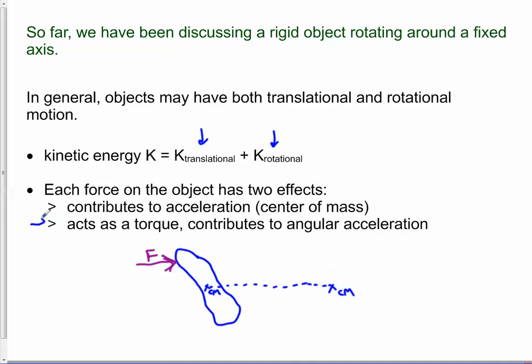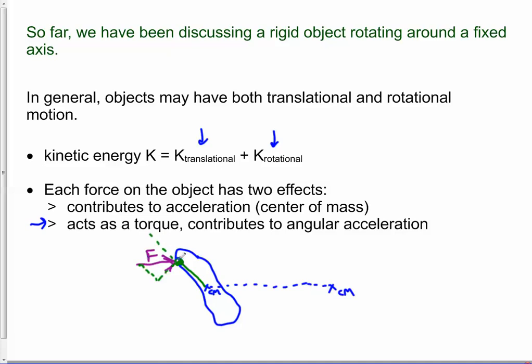However, the double duty part of it is this is also going to create a torque, because there's the point of application, right? So if I draw the line from the center of mass to that point of application, this force isn't perfectly perpendicular to that line, but a piece of it is.